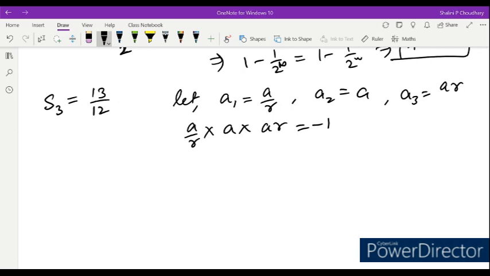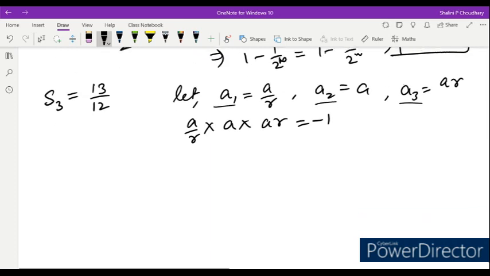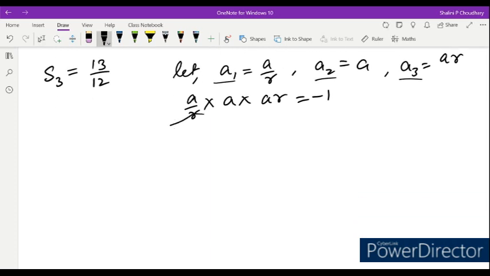So what we have to find out? We have to find the values of A1, A2 and A3. So the R cancels, and A cube is equal to -1. It means A is equal to -1. Okay, now we have found the value of A. Now we have to find the value of R, and then the terms A1, A2, A3.